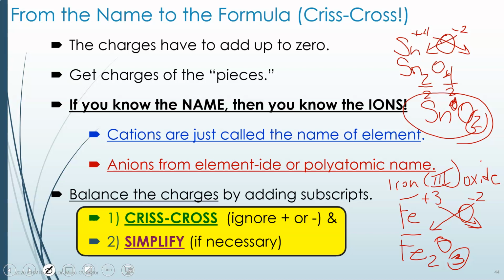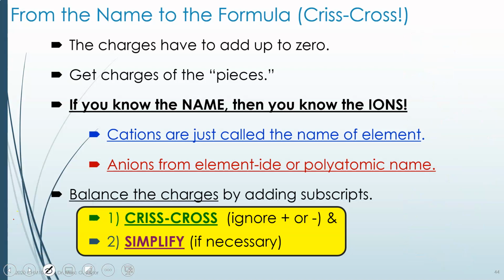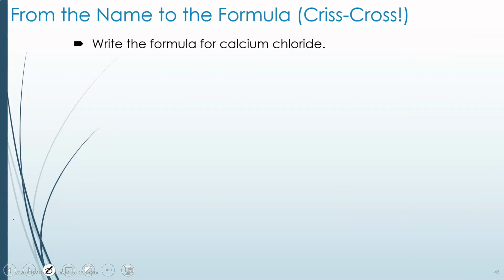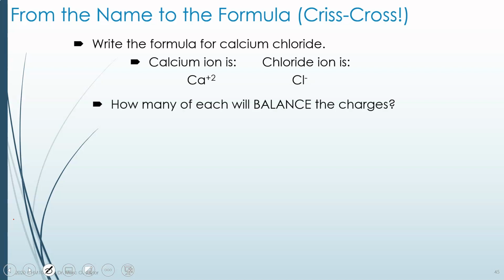Always just do the calculations that I showed you in the previous slides, where you're multiplying to get all the anion charges and you're comparing that to all the cation charges. So let's try the crisscross simplify rule. This is for going from the name to the formula. Calcium chloride. Well, calcium is always plus 2, Ca plus 2, and chloride is by definition minus 1.